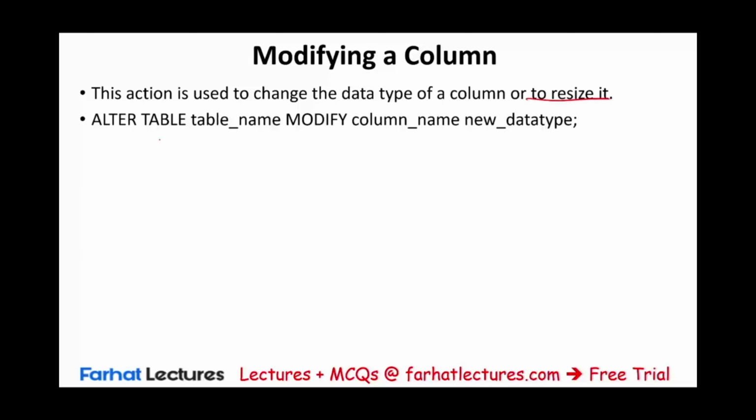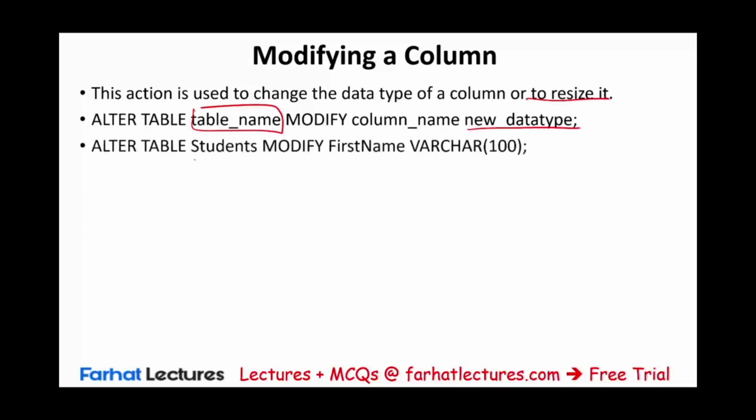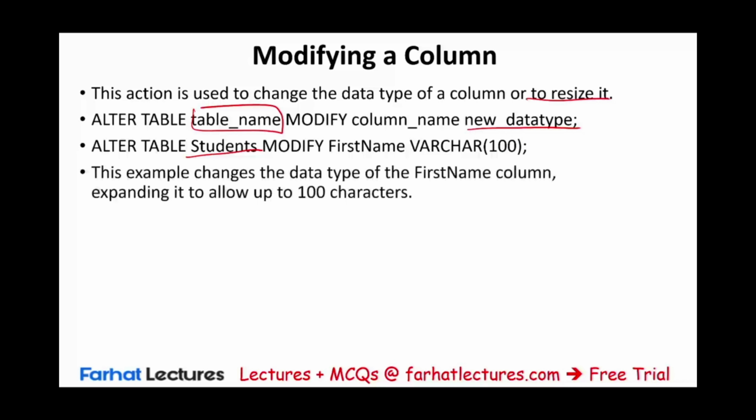For example, alter table, you put the table name, modify column, whatever you want to do, new data type. For example, alter table students, modify first name, rather than 50, make it 100. We're resizing it. Some names need 100 characters, so rather than 50, we have names that are close to 100.